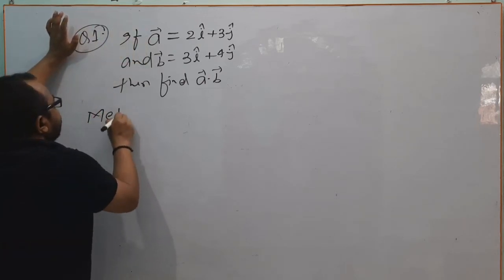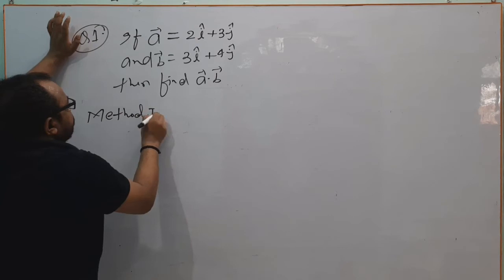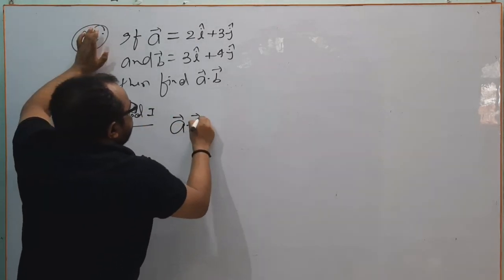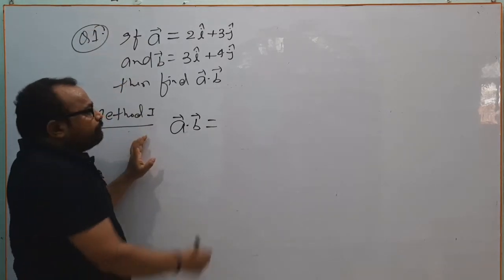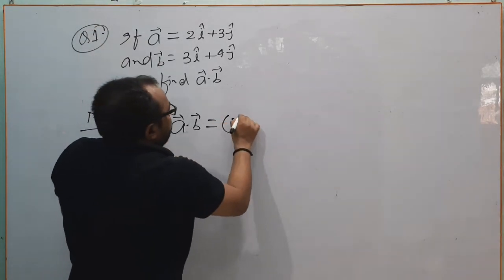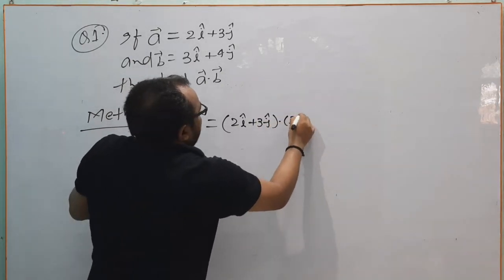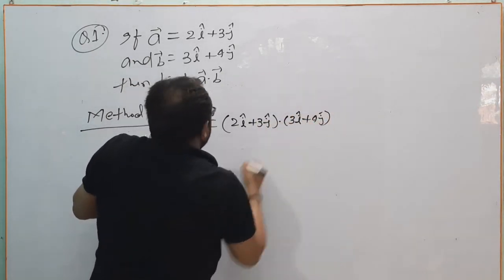Method 1. A dot B can be written as (2i cap plus 3j cap) dot (3i cap plus 4j cap).